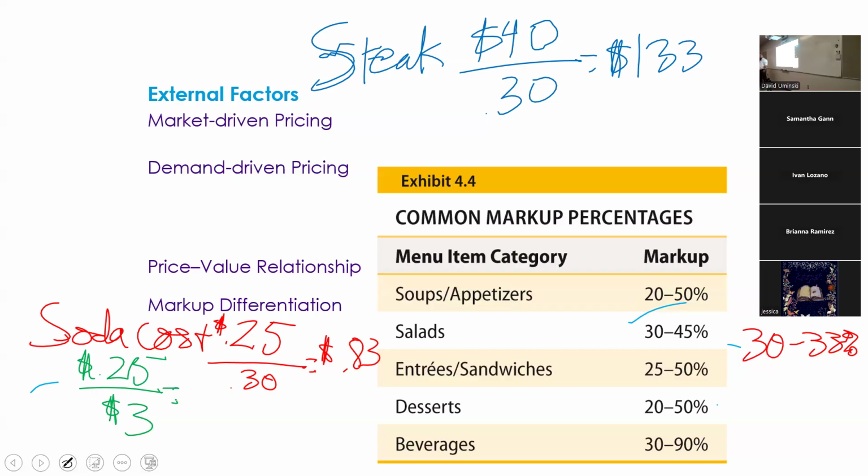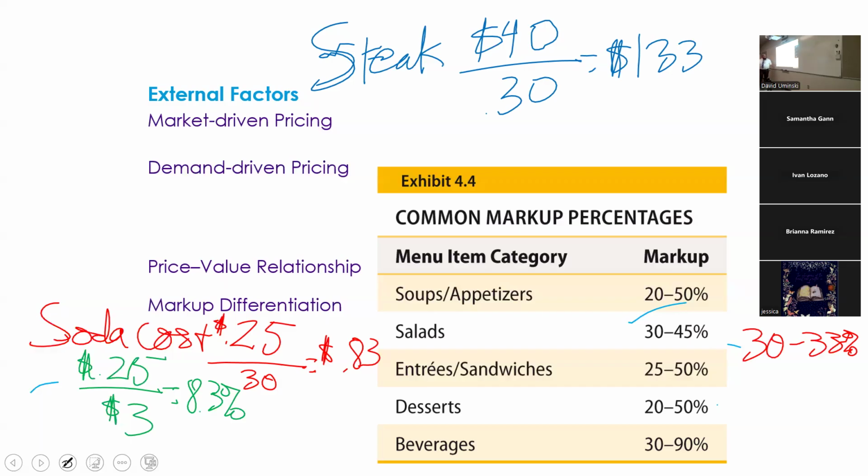Abraham, what'd you get? 12? We all agree? Did you do 25? 12%? 8.3%. 8.3%. Does that sound right? Okay. So 8.3% is my beverage cost percent.